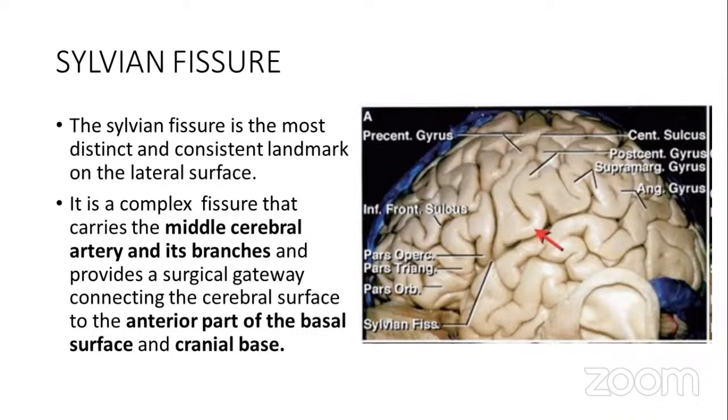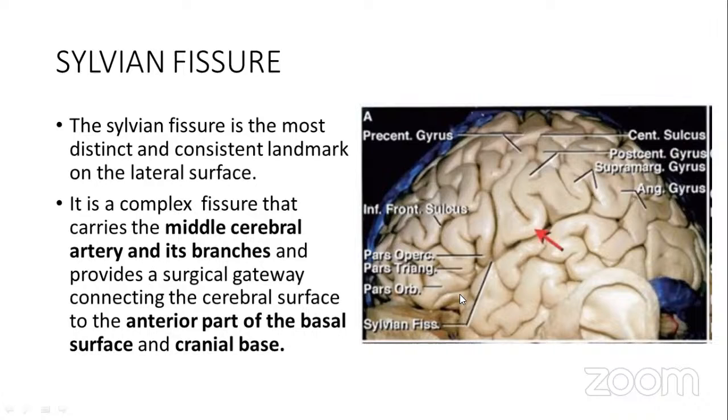It is the most distinct and consistent landmark on the lateral surface of the brain. It is basically a complex fissure that carries the middle cerebral artery and its branches, and also provides a surgical gateway connecting the cerebral surfaces to the anterior part of the basal surface and cranial base.